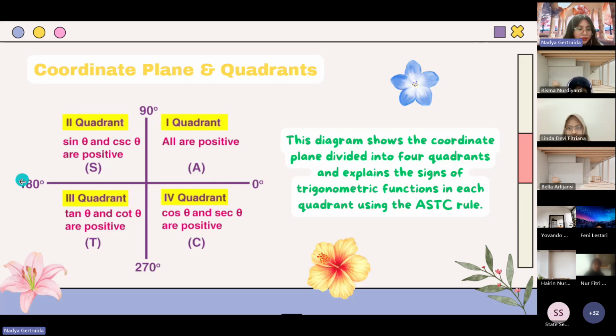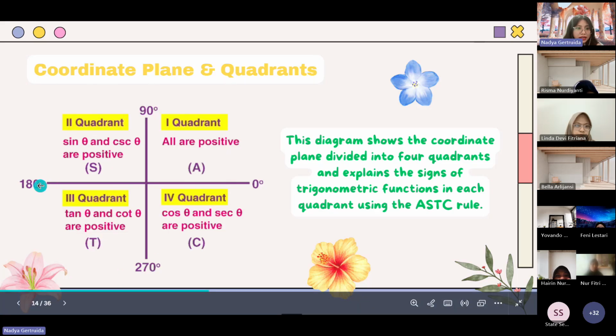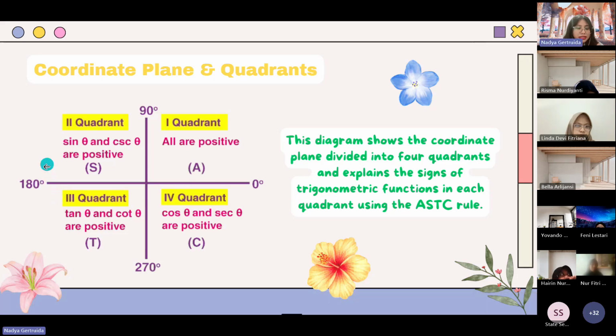And if 180 degrees is horizontal, the value of cosine is -1, and sine is 0, because we see the y vertical line. And tangent is also 0 because tangent is sine divided by cosine. 0 divided by -1 is 0. So the tangent is 0.